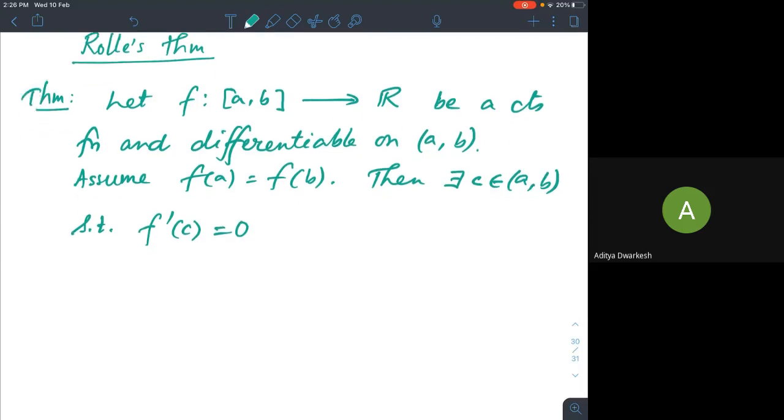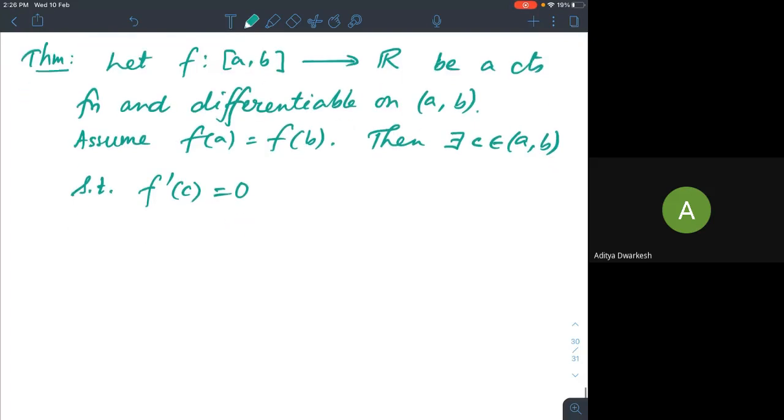So the point is that if f(a) is equal to f(b), and f is a continuous function and differentiable on the open interval, then there will be a point of maximum or a point of minimum. That's what you need to show. All right, so proof.